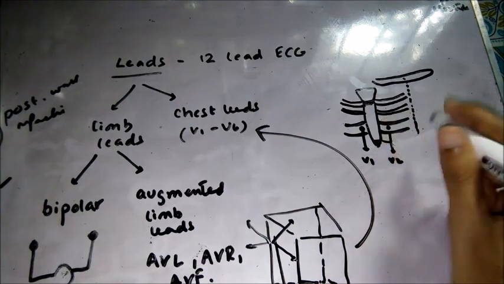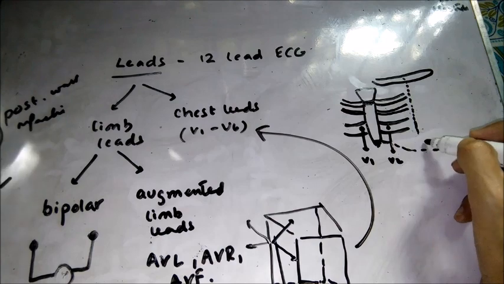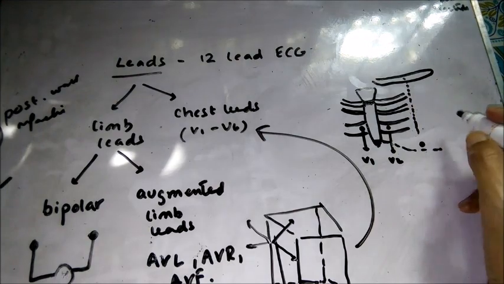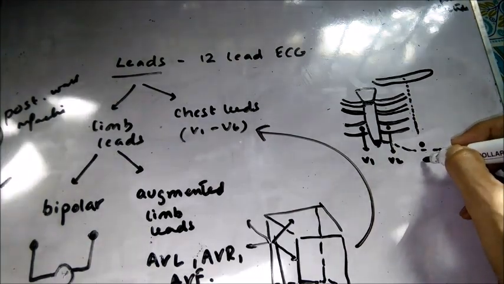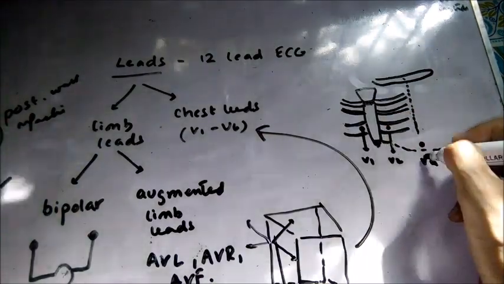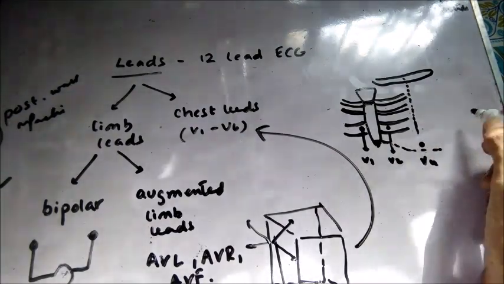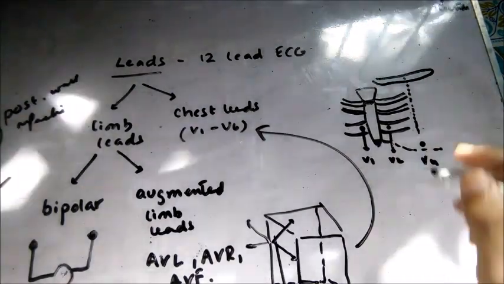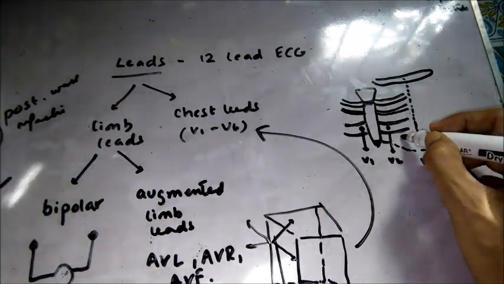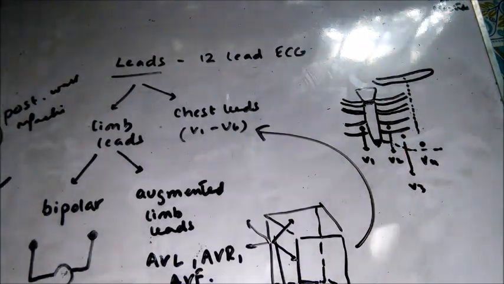In the fifth intercostal space, in the mid clavicular line, we will attach another lead, and that is going to be our V4, right? This is the point where the apex of the heart is felt. Then between V2 and V4, right in the midpoint, we will attach V3. So V1, V2, V3, V4.